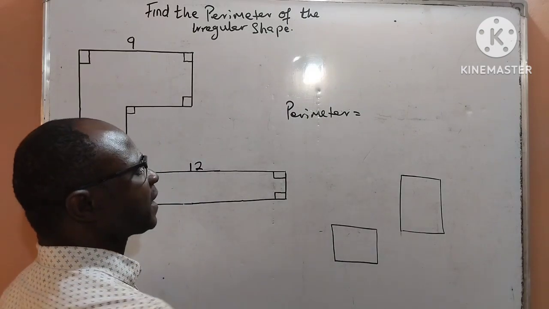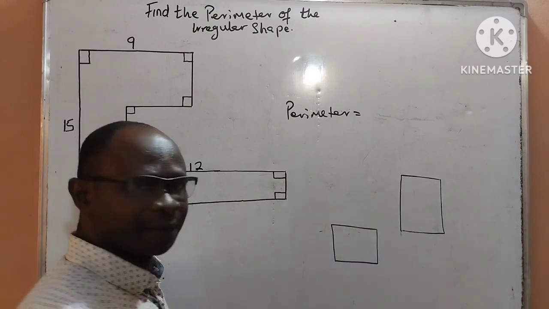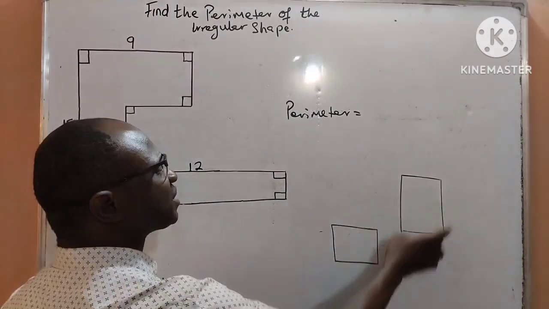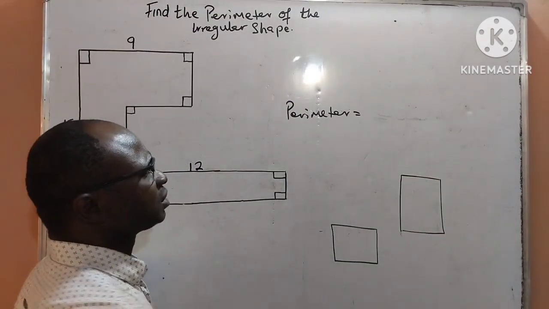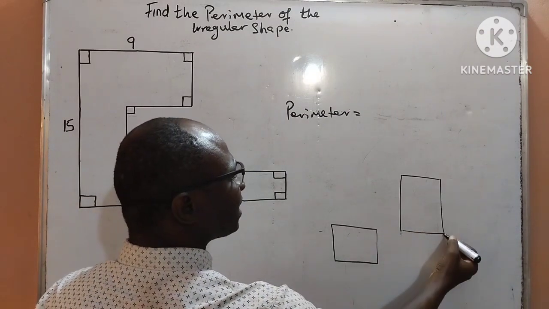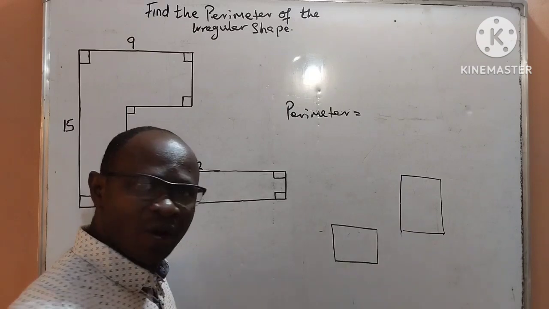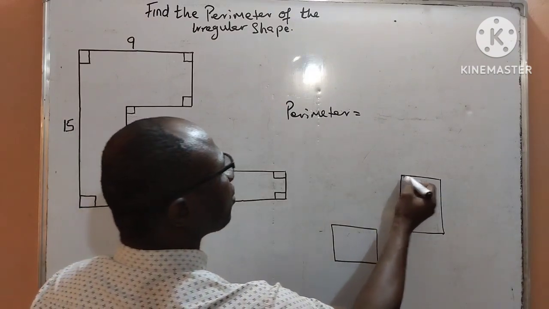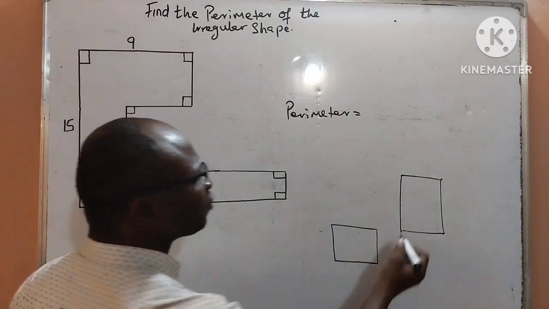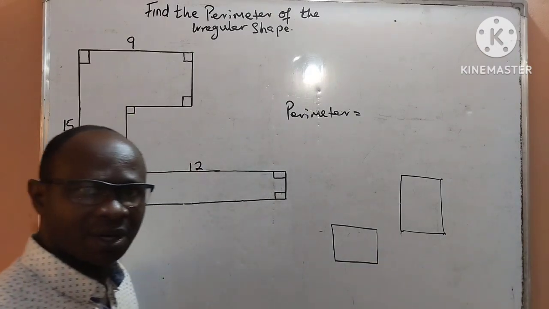For a rectangle, we always say that two opposite sides are equal. So if I know the length of the rectangle, it means that the opposite side should be equal to the same. Then the opposite side of the width should also be equal.